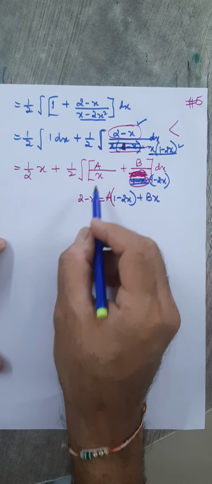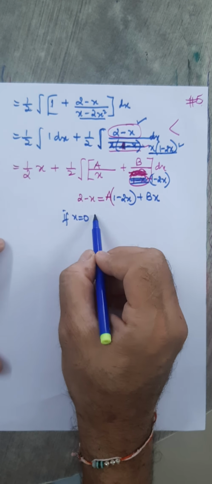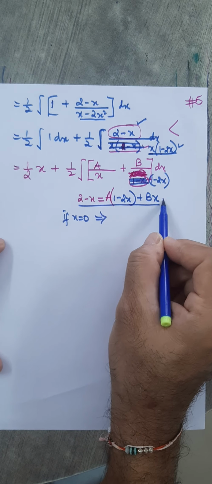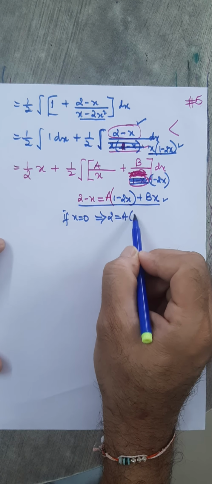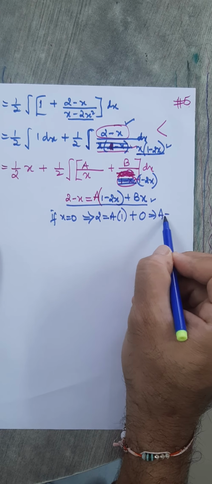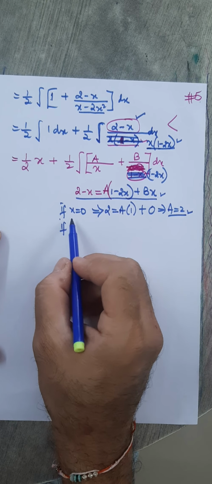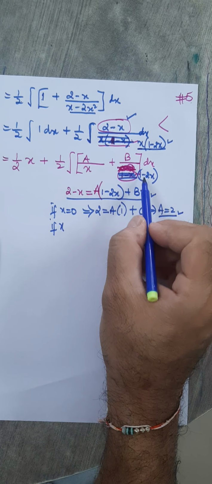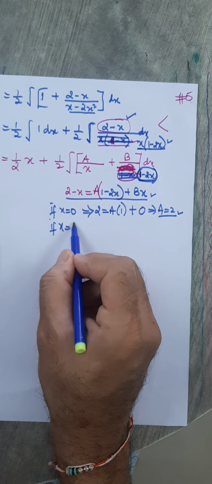Now we find A and B. First I'll choose x equals to 0 here. So this becomes 0, and if I take 0, this is 2. Here A into 0, so this is 1 and 0. So it implies you will get A equals to 2. Next I'll choose x equals to half, because if I take half this will be 0.